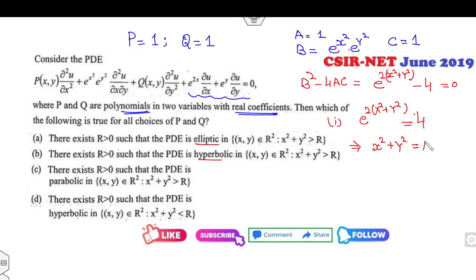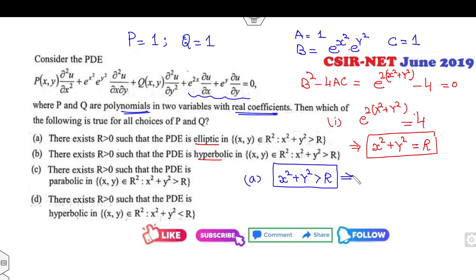So I consider this number as r. Now look at the first option. Whenever x square plus y square is greater than r, what does it mean? That means when x square plus y square is greater than r and r is positive, e raised to power 2x is an increasing function.